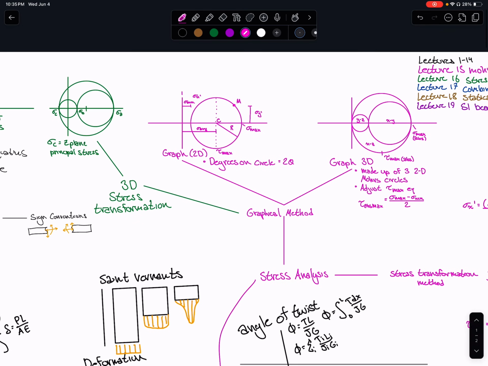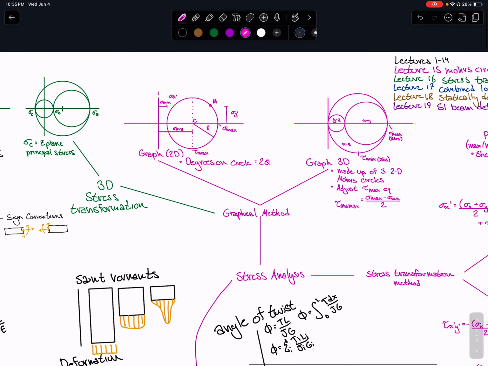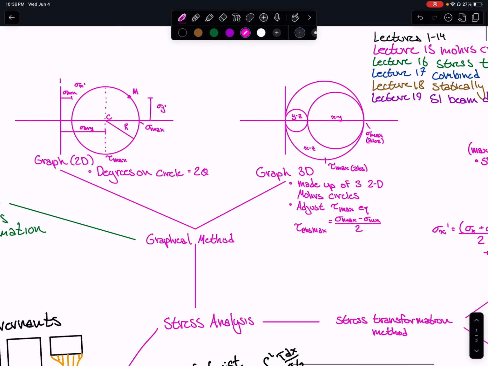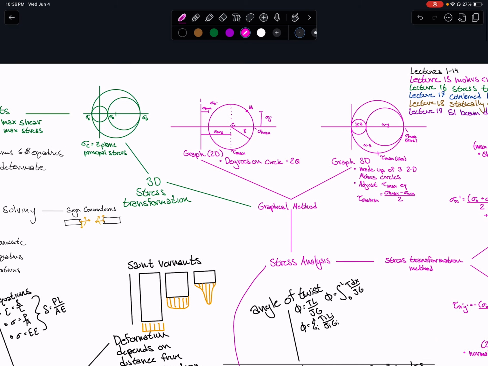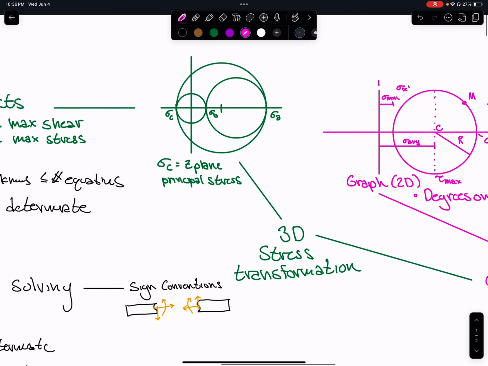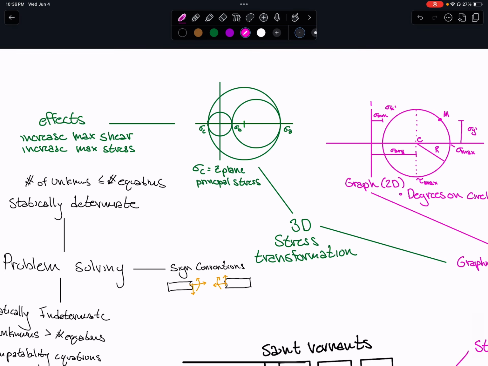Moving on to 3D, we see that the graph in 3D includes a third stress, which is sigma c, which is the z-plane.